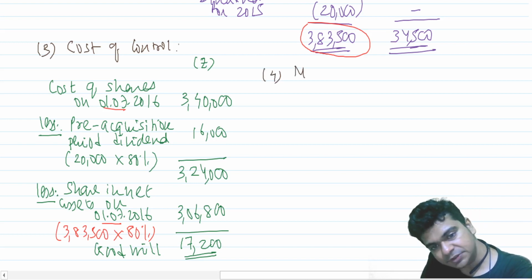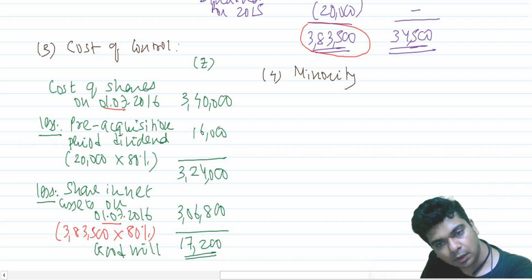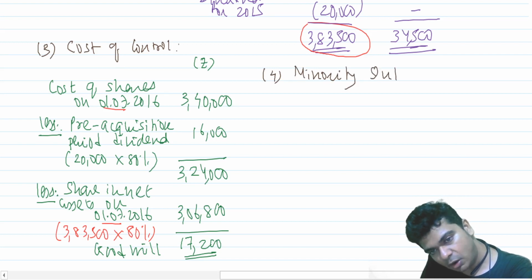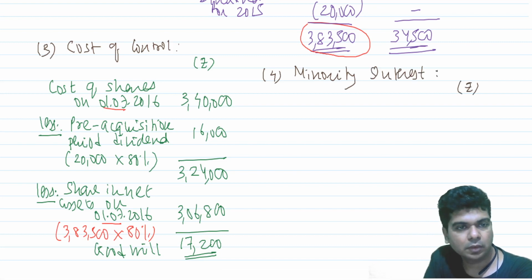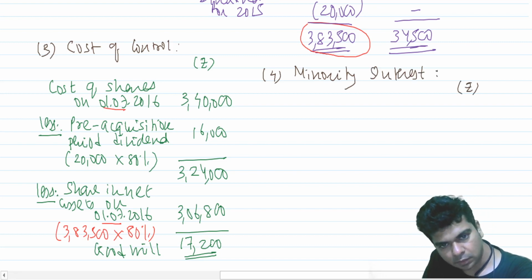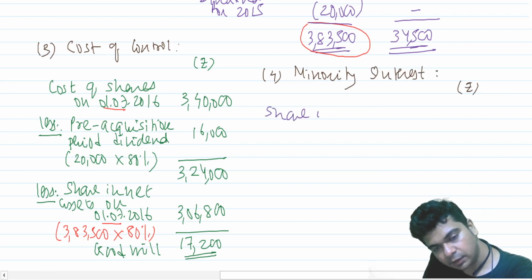Next principle is to get the minority interest. We say share in total net assets, right?